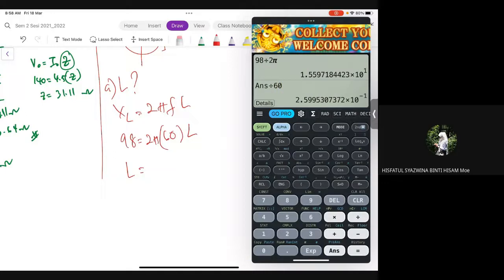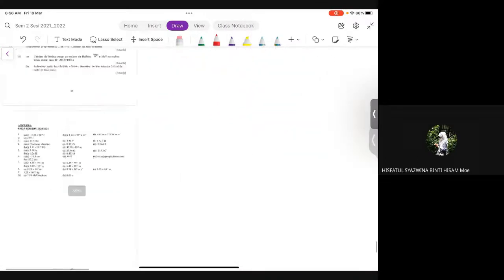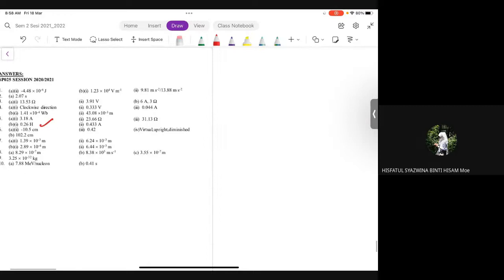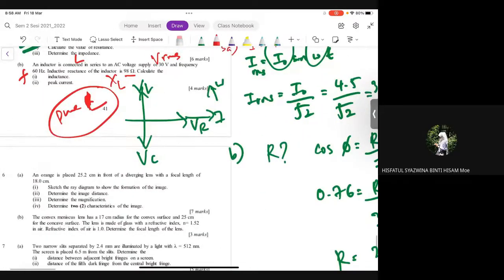I get 2.5995 times 10 to the power of negative 1, so 0.26. So, I get henry. 0.26, correct? 0.26 henry.